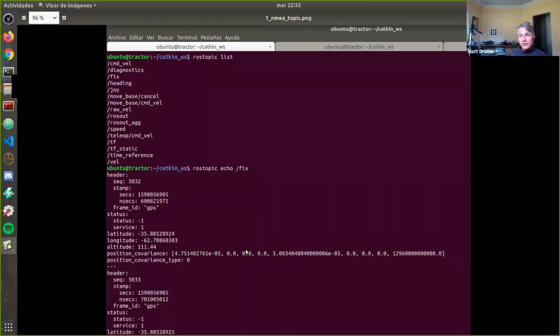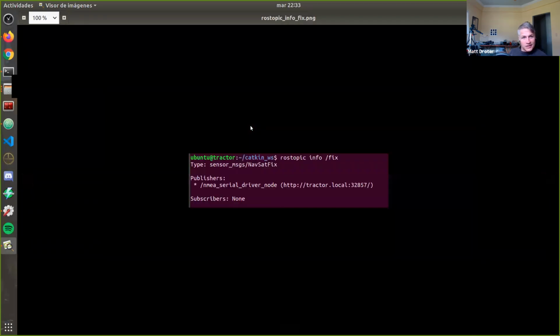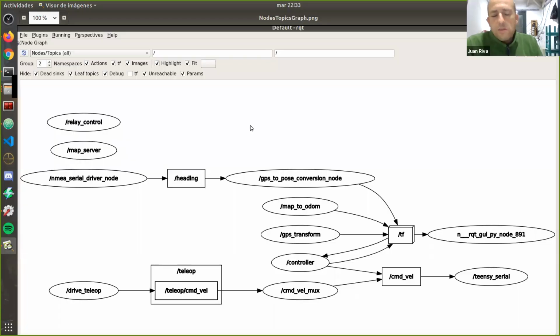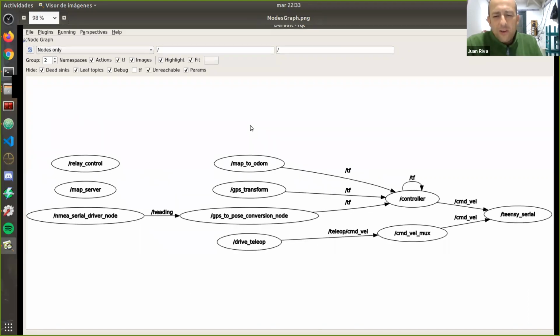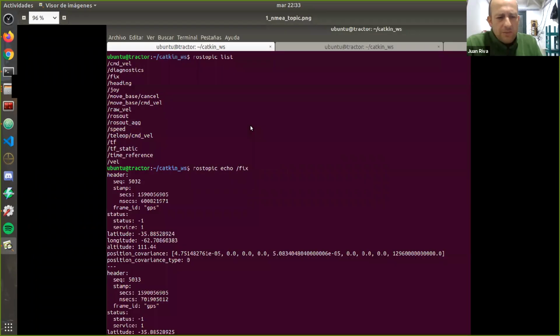So if you're actually plotting that data, then that node, the GPS to pose node, is not listening to the right topic. Here you have it. Yeah, but it says subscribers none. No, because maybe I didn't launch the last launch file. I don't remember the context, let me see.